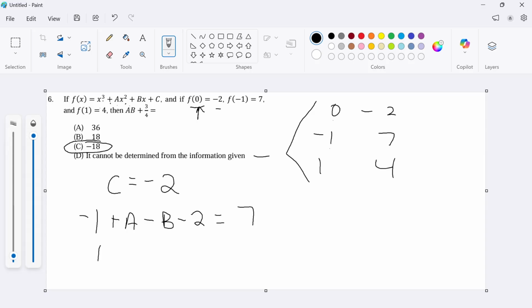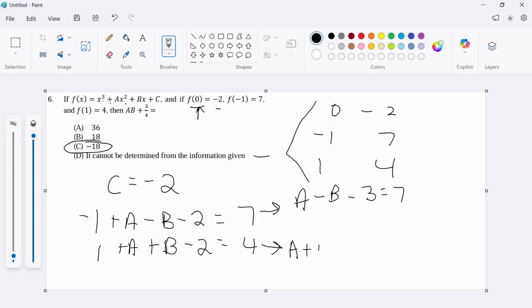1 cubed is 1, plus a times 1 squared is plus a, plus b times 1 is plus b, plus c, plus negative 2, equals 4. Now I can simplify these two equations by combining like terms. I've got a minus b minus 3 equals 7, and for this one, a plus b minus 1 equals 4.